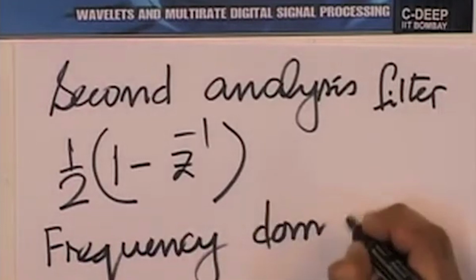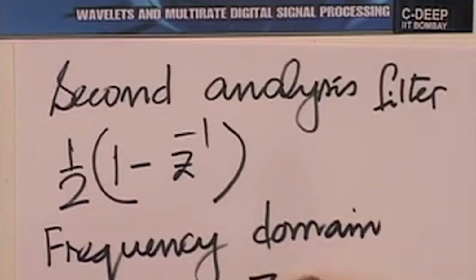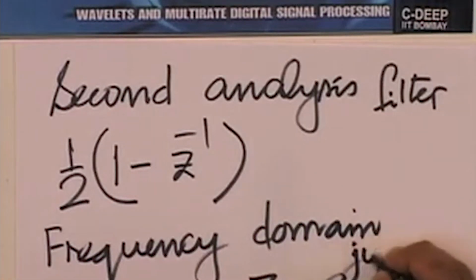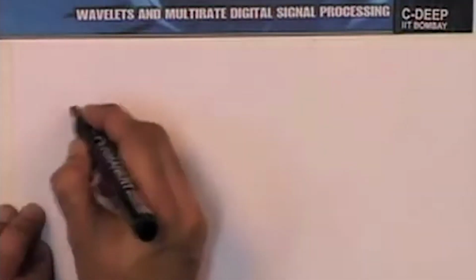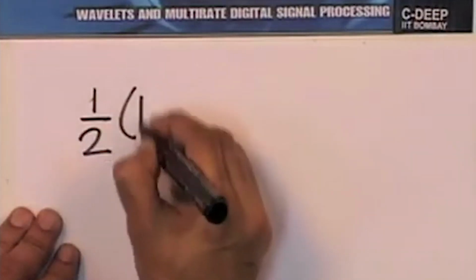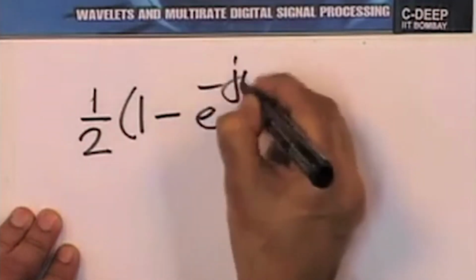So, the frequency domain would show it as Z equal to e raised to the power j omega, whereupon we have half into 1 minus e raised to the power minus j omega, and we play the same trick.